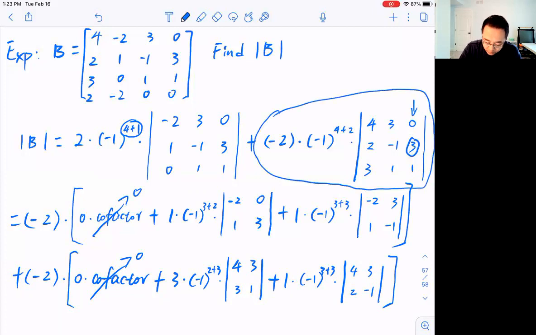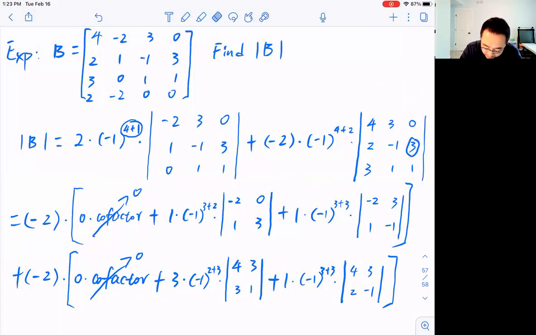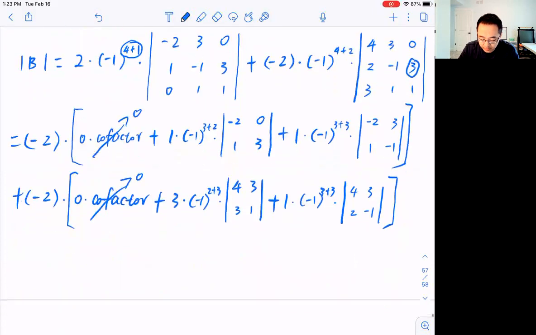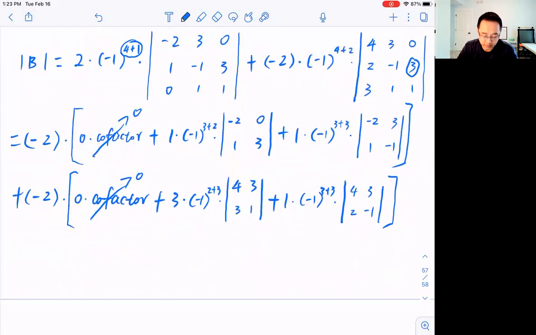Now I know this looks complicated, but bear with me because the method is the same and the practice is good for you. So this equals -2 times, the first thing in my bracket is just 0 because it's 0 times its cofactor.